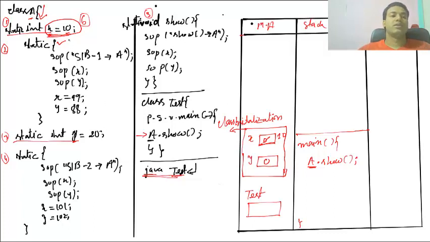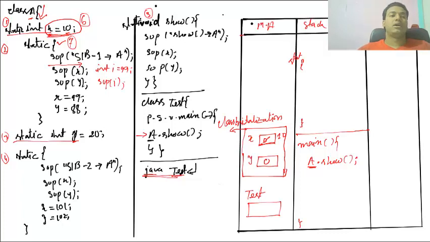Then the second one is the static block, which has to be executed. Because it is a block, it has to be loaded here. This is static block 1, and suppose it has a local variable: I take one local variable, int i is equal to 99, and I'm writing an SOP statement for i also.